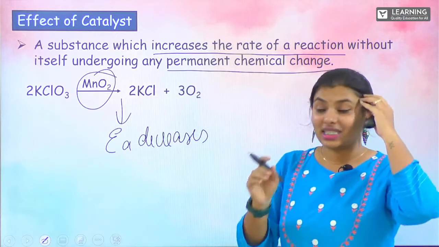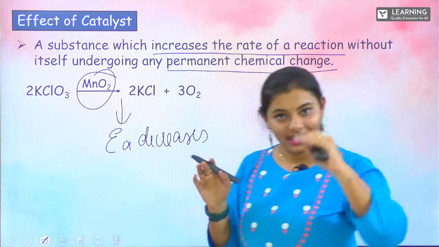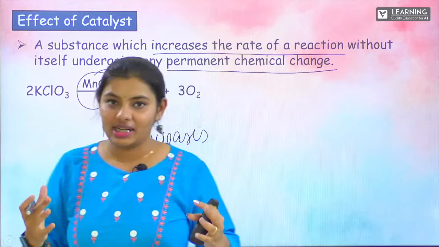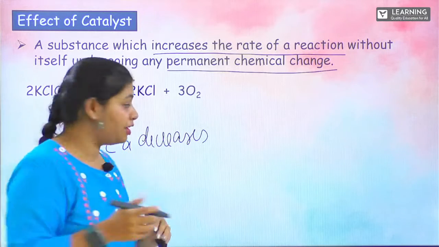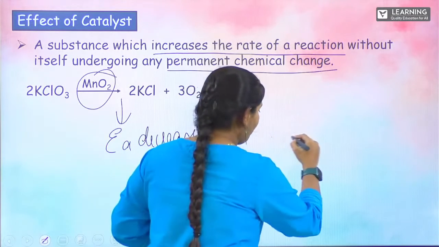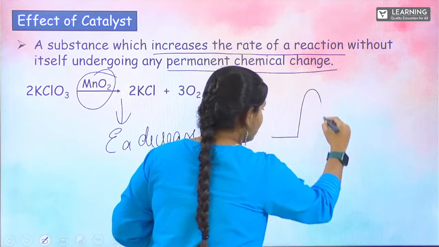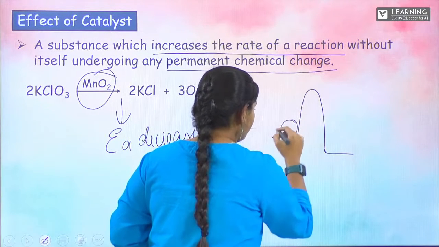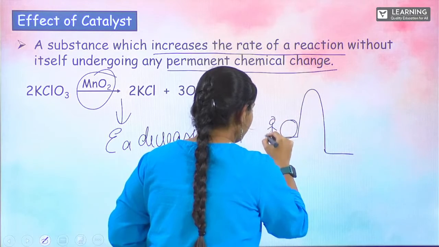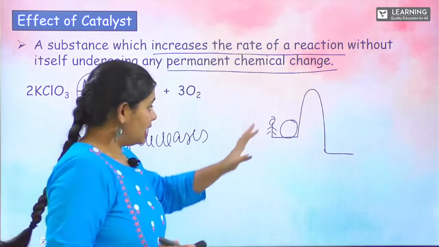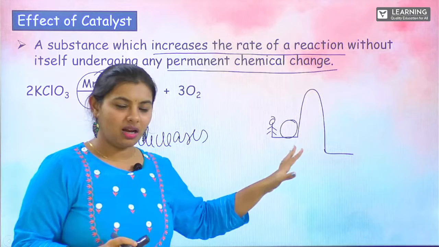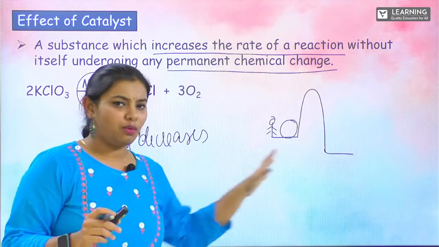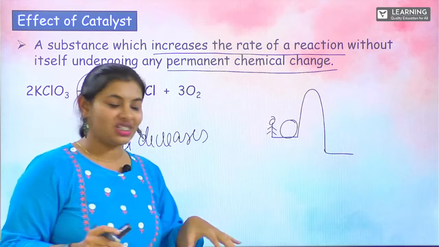If the activation energy decreases, what do we understand from it? We already studied in our previous class. If a ball, okay, this is the barrier. This is exactly what we studied in our previous class based on activation energy, the Arrhenius equation and so on.